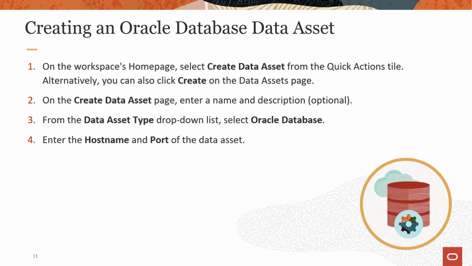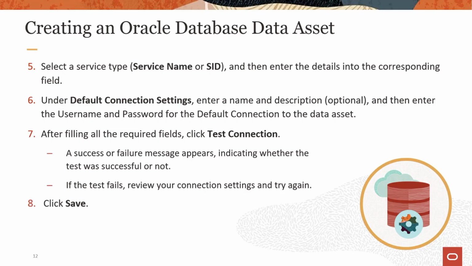In the Data Asset Type drop-down list, select Oracle Database. Enter the host name and port of the data asset. Select a service type, which is either service name or SID, and then enter the details into the corresponding field. Under Default Connection Settings, enter a name and an optional description.